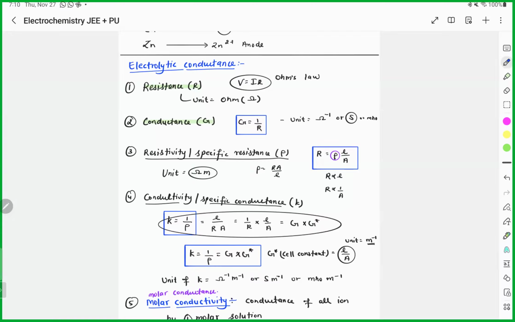So it is not feasible. But in case of reduction, what happens? We are gaining an electron. And in case of gain of electron, energy is released. And after releasing energy, it will become more stable.